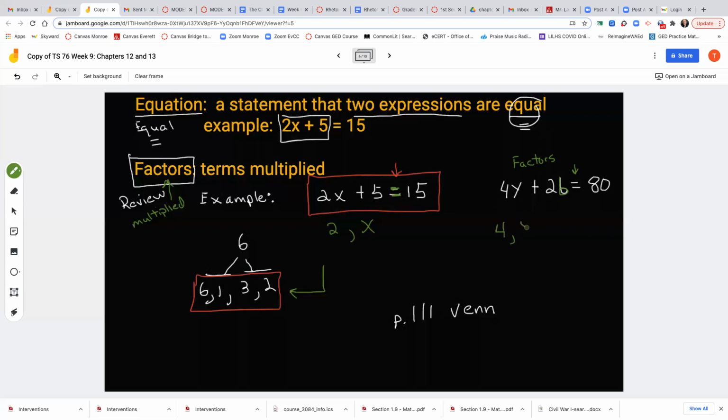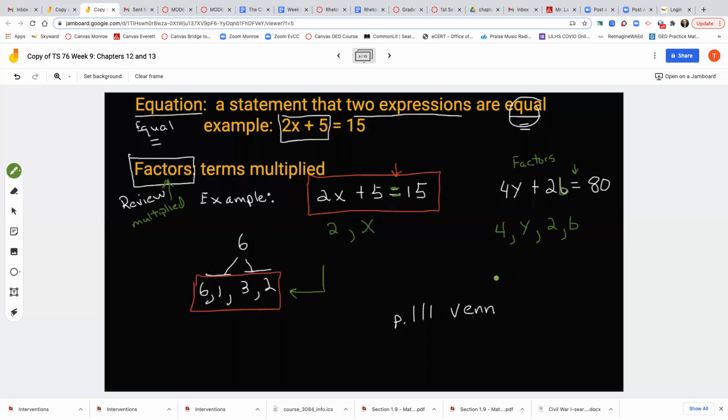I would put a comma, y is a factor. I would put a comma, 2 is a factor, and I would put a comma, b as in boy is a factor. Those are the 4 factors. Why? Because they're the things multiplied times something else in the equation.